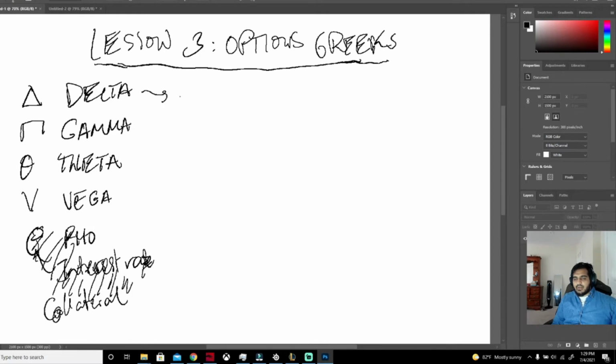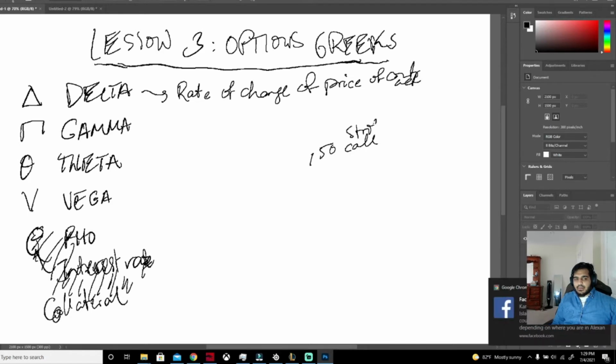So delta, the biggest one, is the rate of change of the price of a contract. The way it's stated is, let's say you have a $150 call strike, and it's currently trading at 145 bucks.